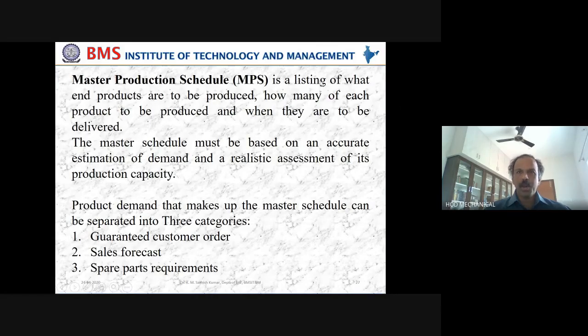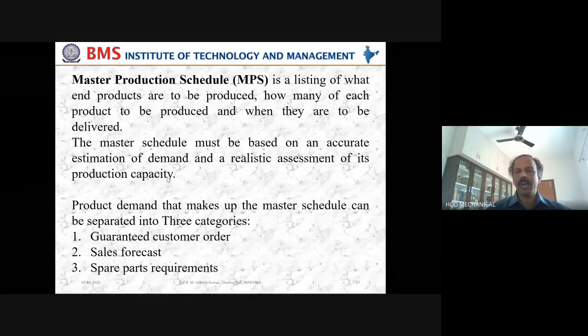Therefore, when the whole of your MRP decision is based on the master production schedule, the MPS should be based on an accurate estimation of demand and a realistic assessment of its production capacity. Very important: MPS should not give inaccurate estimation.